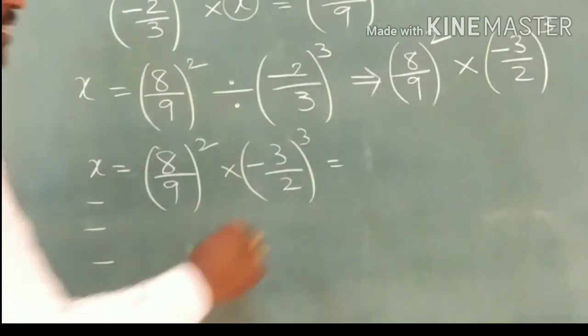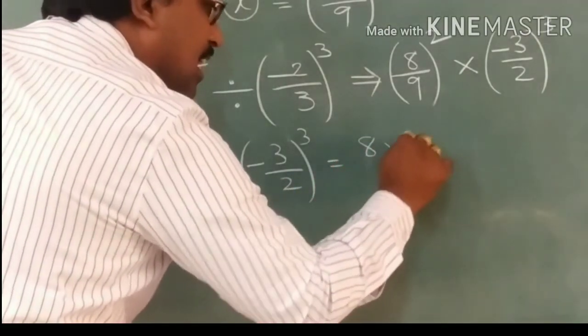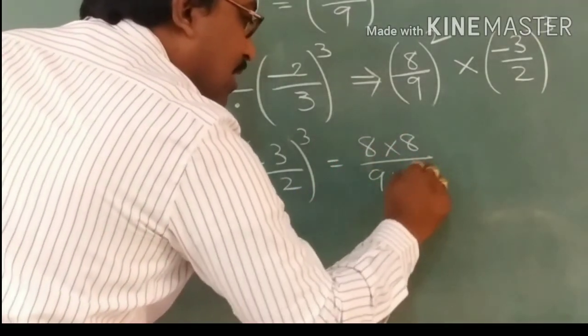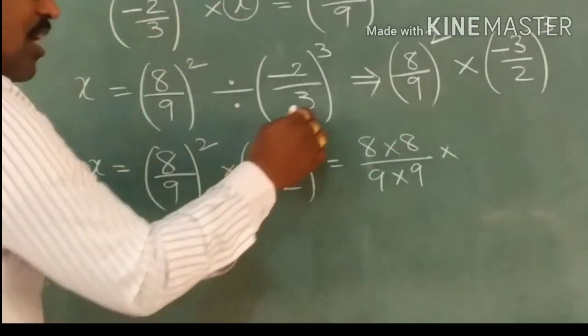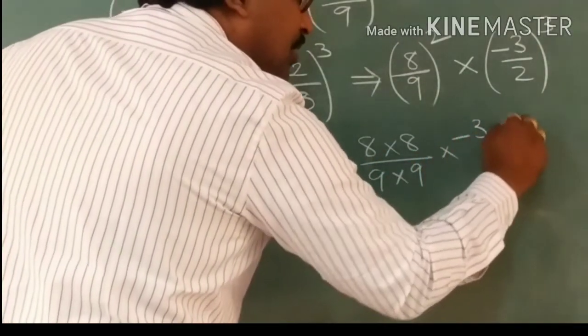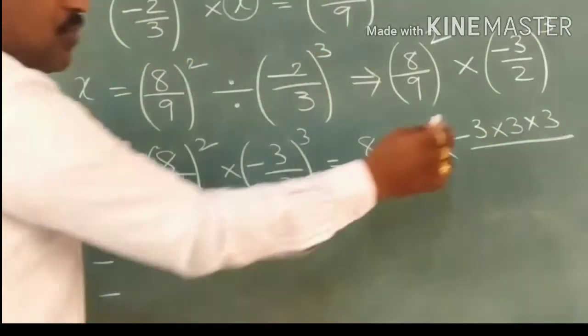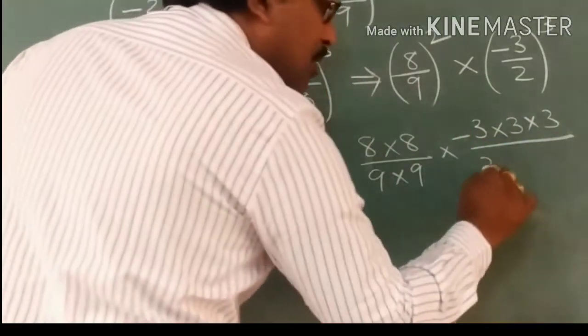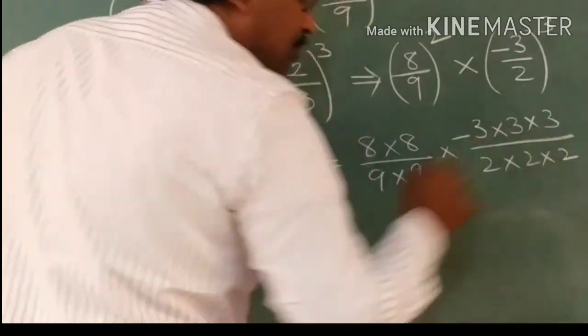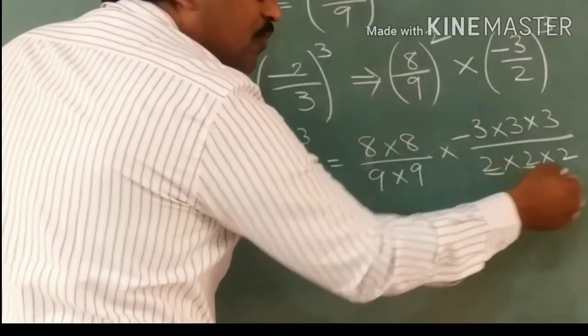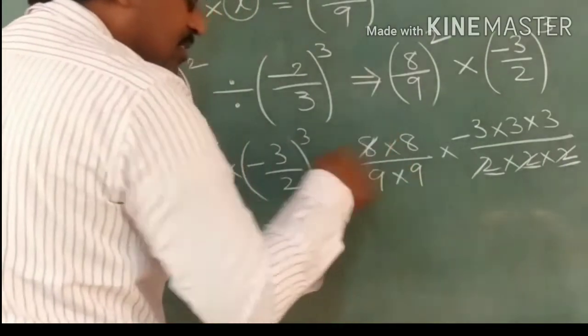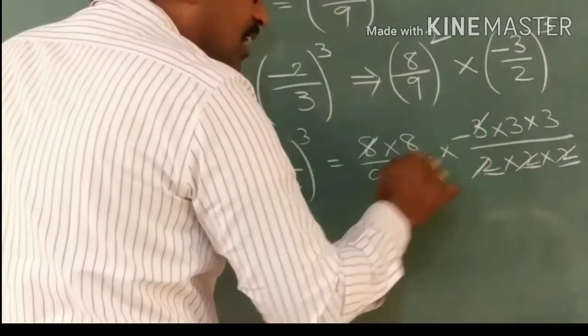Now I am simplifying this. 8 square is 8 into 8. 9 square is 9 into 9. 3 cube, 3 into 3 into 3. Minus 3 whole cube, of course minus. 2 cube, 2 into 2 into 2. 2 2s are 4, 4 2s are 8. And 3 3s are 9.